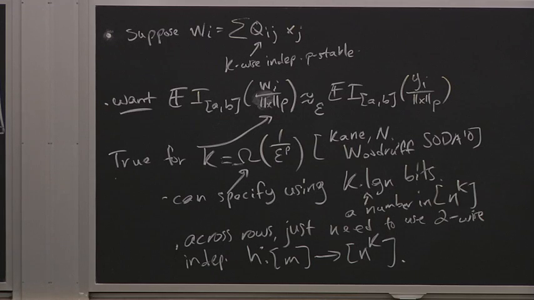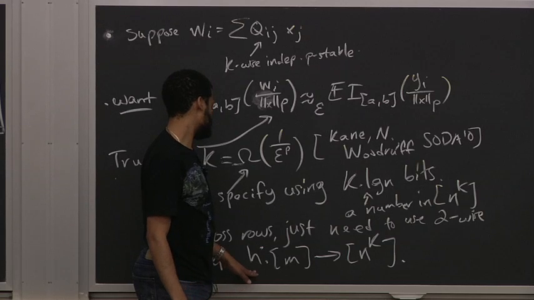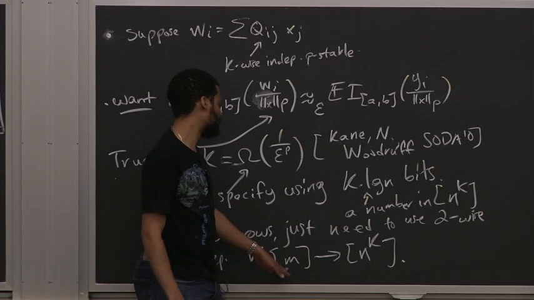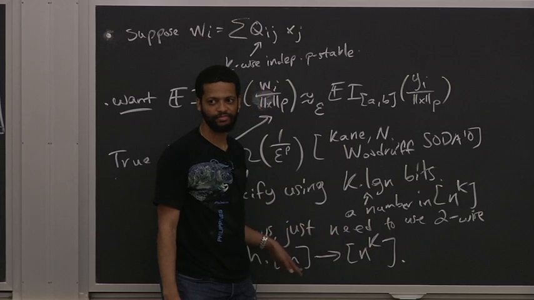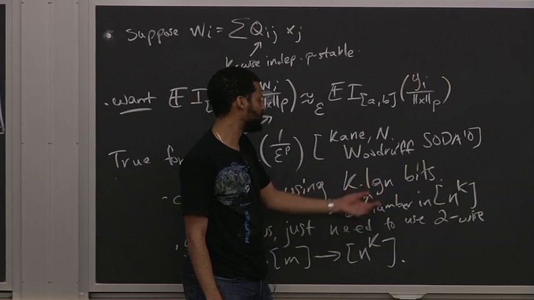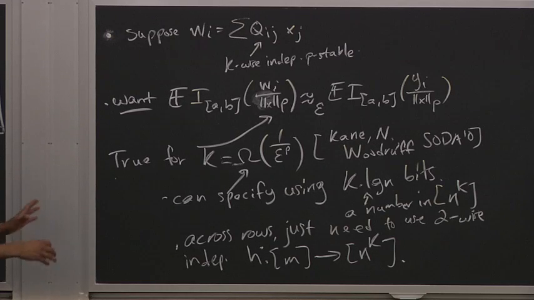And this thing can be specified in a number of bits which is something like big O of the log of the max of these two numbers. Okay, which is not that much space. So overall, this entire random matrix can be stored in something like k log n bits.